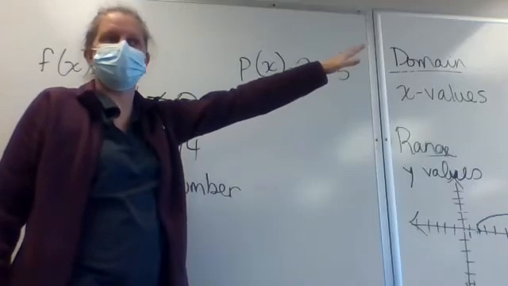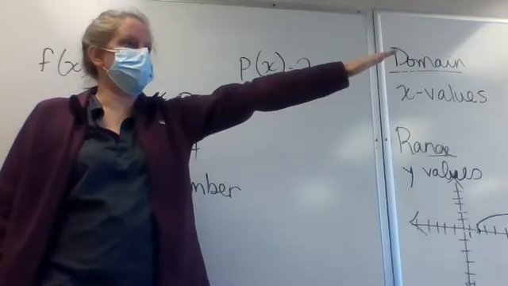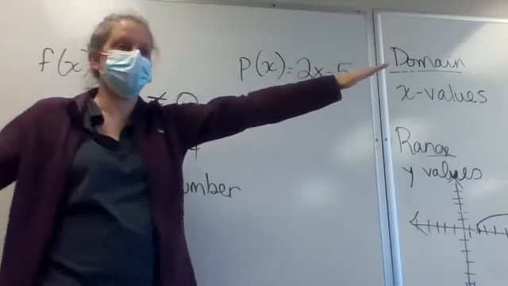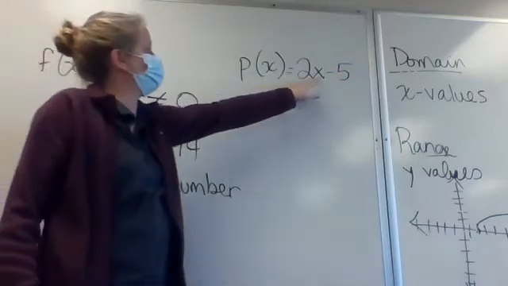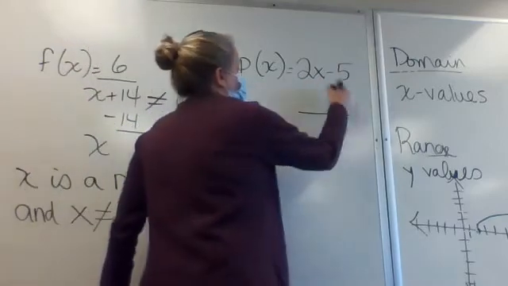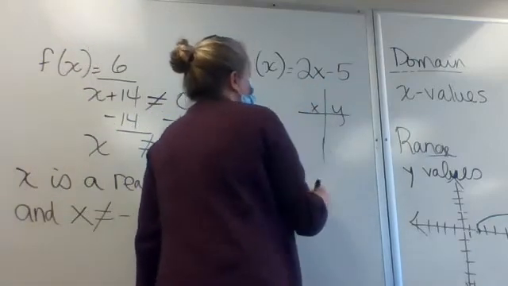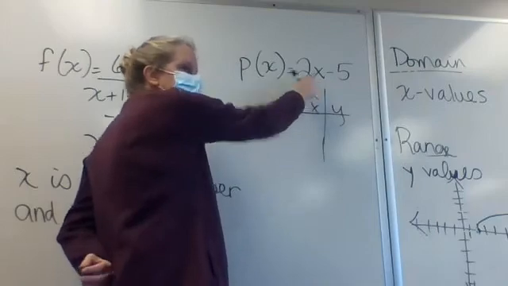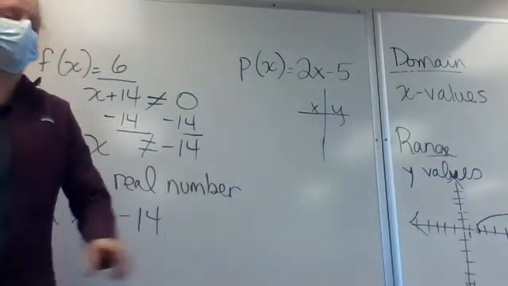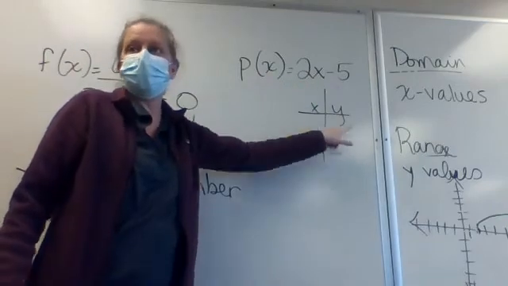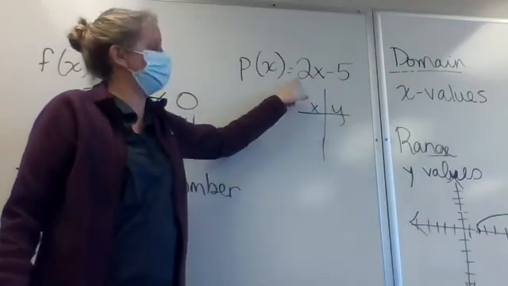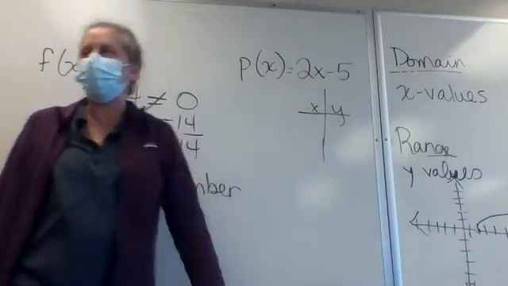Unless it's vertical, don't they go forever left and right? Yeah, there's no reason, because this doesn't have any restrictions. If you were making your own XY chart here, is there anything you wouldn't be able to plug in for that x? What are you going to do to all the numbers that you put in for x to find the y that goes with it? You're going to multiply it times 2 and subtract 5 from it.